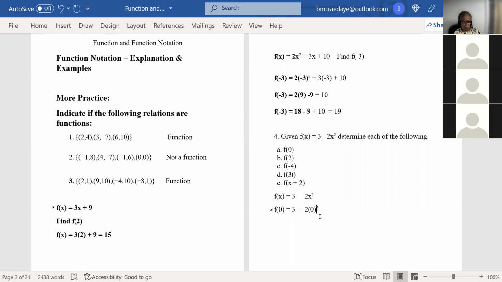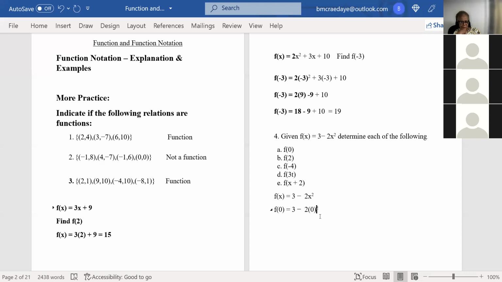I haven't finished it yet. I'm writing it down. It says 0 squared is 0, and 2 times 0 is 0. And 2 times 2 is 4.